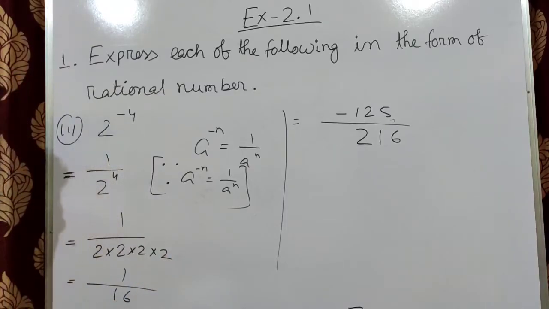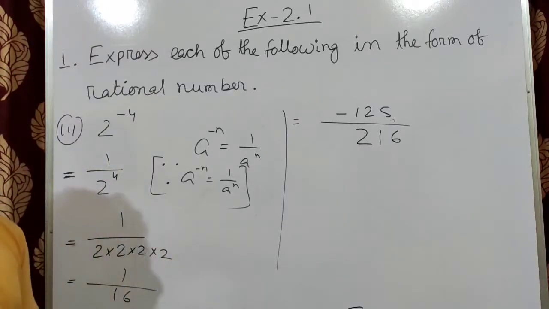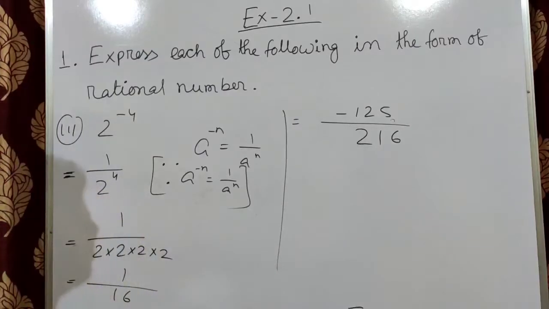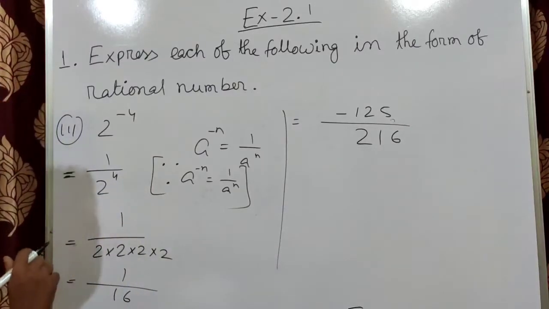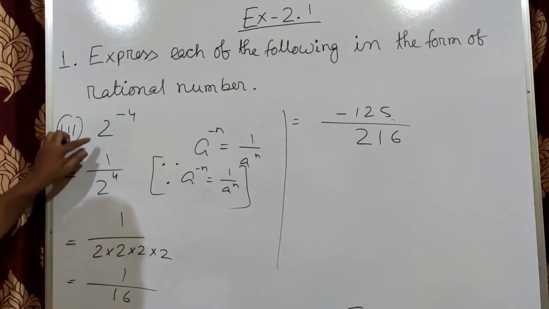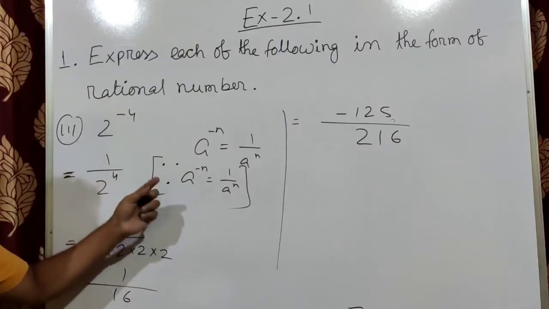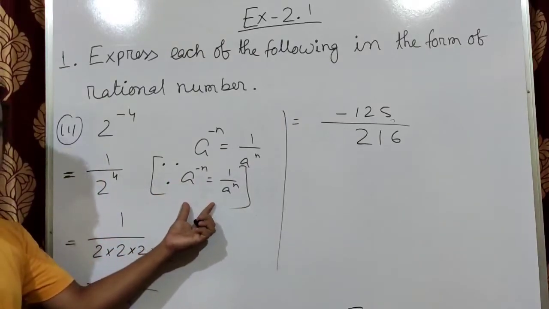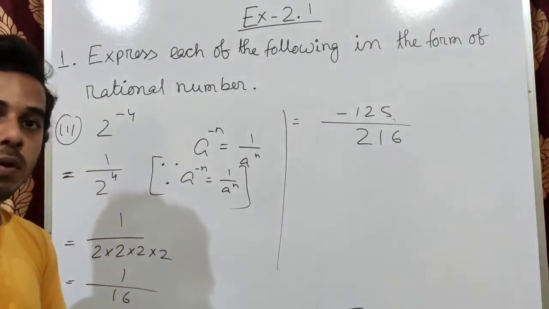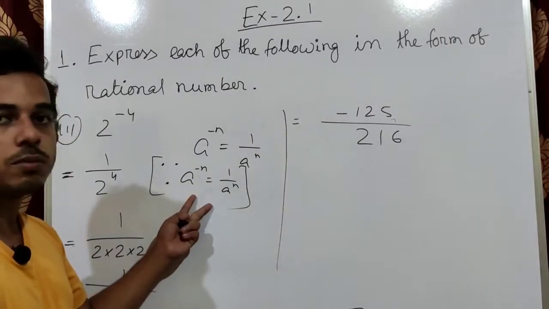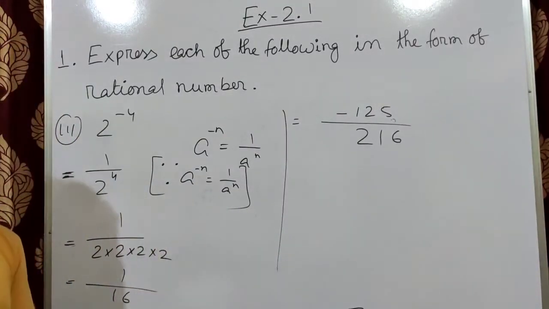So 1 by 16 is our required answer. Clear? Why have we expressed 2 to the power minus 4 in this form, 1 by 2 to the power 4? Because we know this expression, right? When a number has a negative power, we must express it in this form. Clear? Okay.